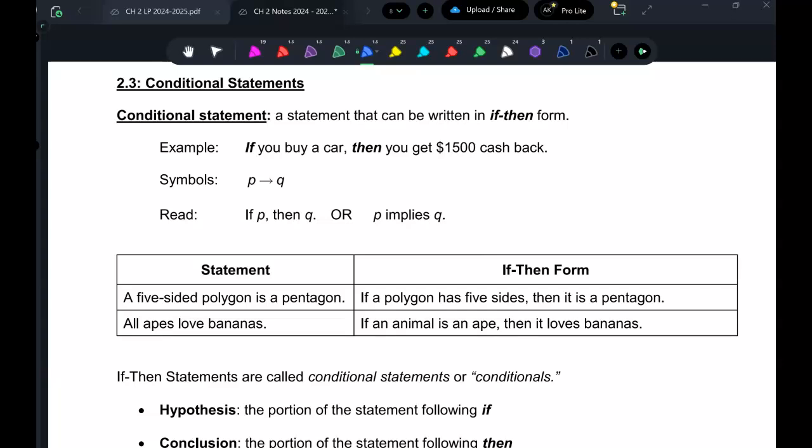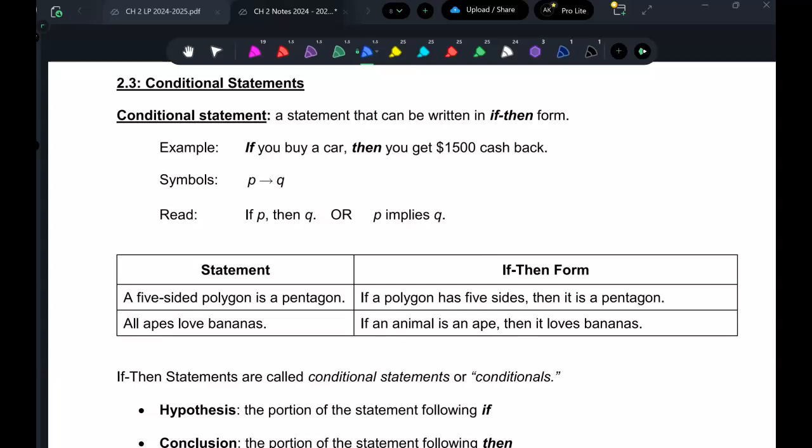Next, we're going to do conditional statements. Okay, conditional. What does condition mean? Not conditioner like for your hair, but something that happens based on something else. Like if your parents give you a condition, like if you unload the dishwasher, then you can go hang out with your friends, right?